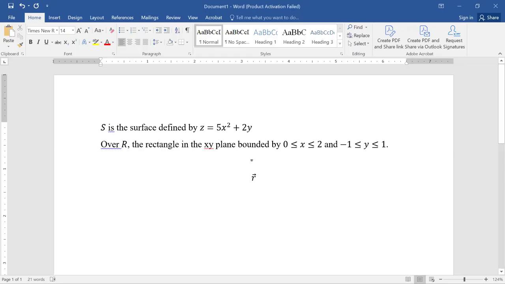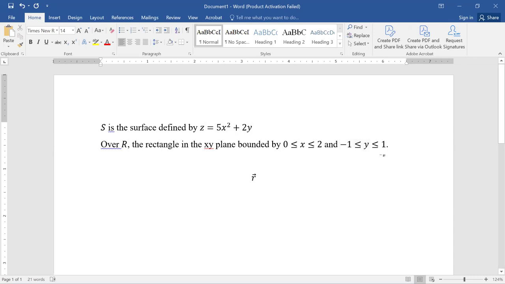All right. Now, this one is a pretty straightforward problem. It's actually nice whenever we have z is equal to a function of x and y. And in this case, it's particularly nice because my x values are bounded by numerical values, and my y values are also bounded with numerical values.